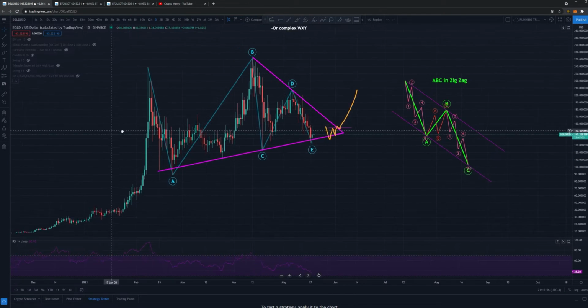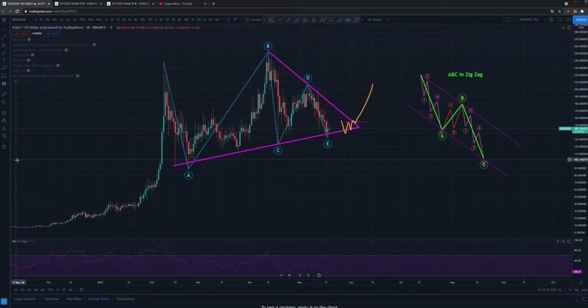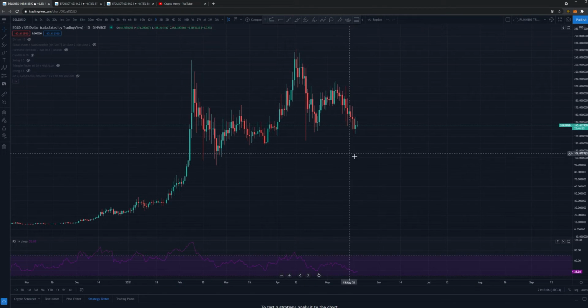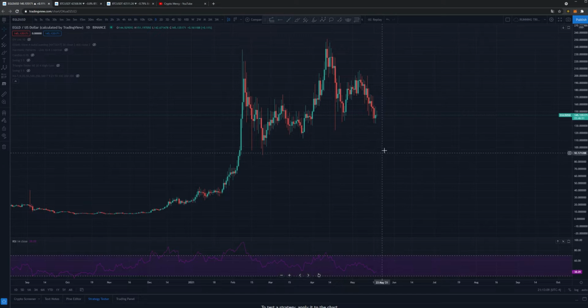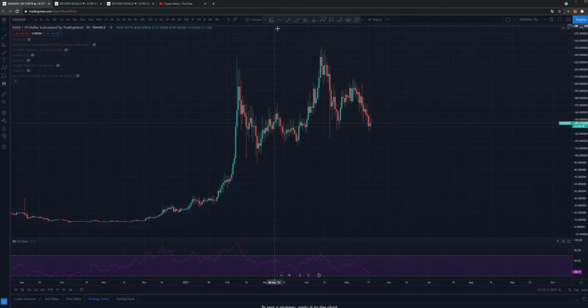Okay, one other thing that a lot of people are asking me is how you can figure out the biggest support for Elrond. How to know? One really easy thing to do, and this is very quick. You take the Fibonacci, you click on the top right here.